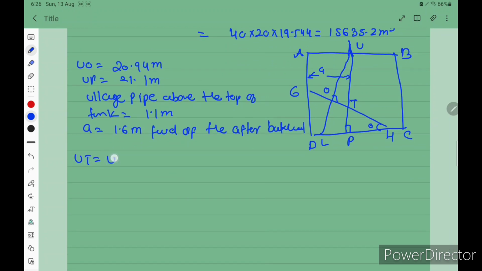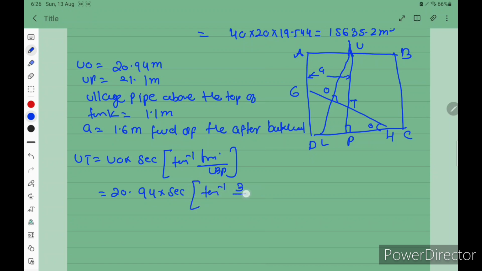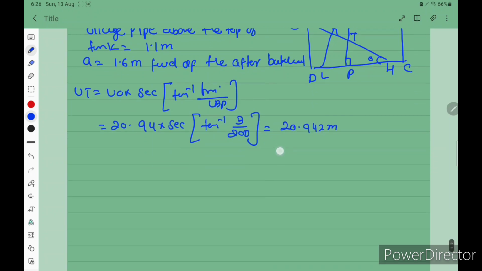So UT is equal to UO into sec tan inverse trim by LBP. So 20.94 into sec tan inverse 3 divided by LBP 200, which gives the value 20.942 meters.